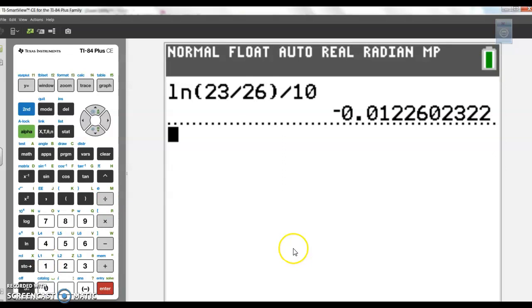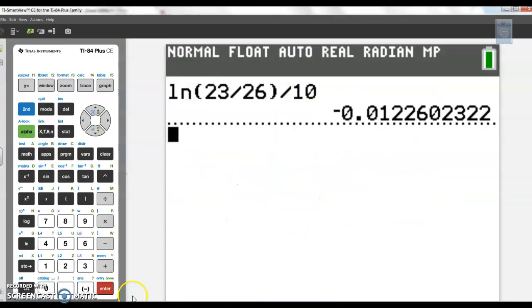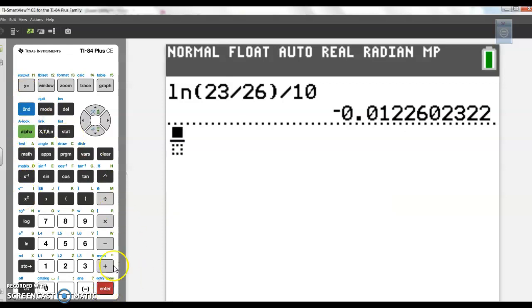Okay, so in order to enter this in the calculator, the final answer is ln of 7 over 26. Let me do the fraction form. ln of 7 divided by 26, close your parentheses, and divided by, I'm going to go up and grab that.